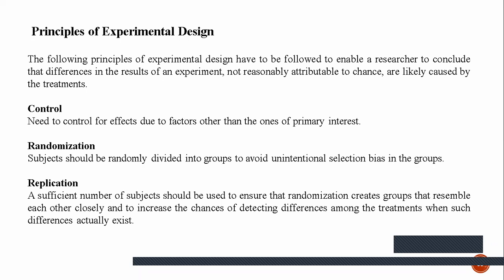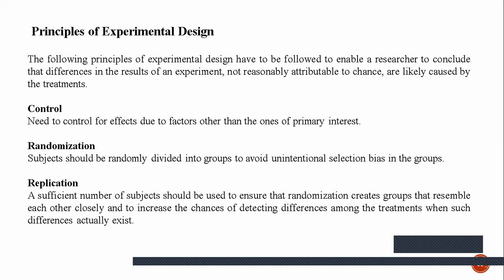For replication, a sufficient number of subjects should be used to ensure that randomization creates groups that resemble each other closely, and to increase the chances of detecting differences among the treatments when such differences actually exist. That is the replication part. Anyway, we are doing it again and again.